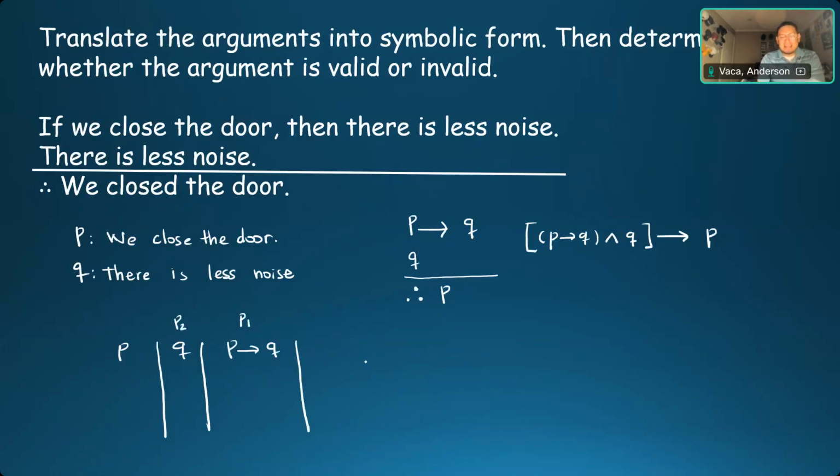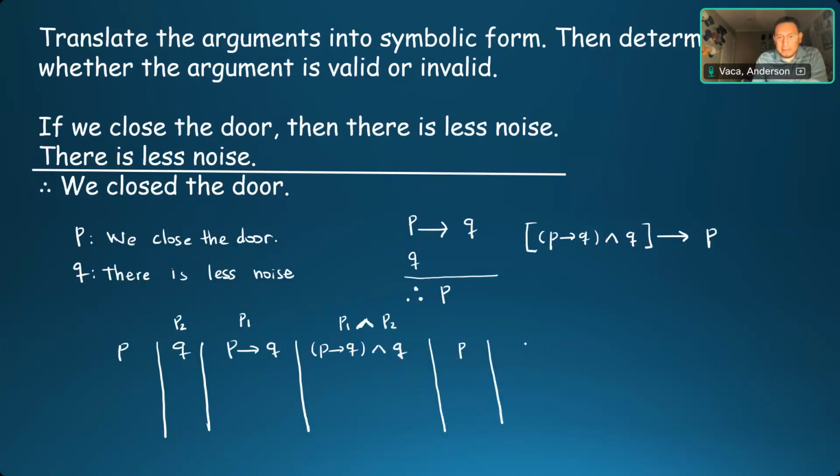But what are we doing in the next column? In the next column, we're going to put together the first premise with the second premise using the connective and. Again, let me show you. Premise 1 connected with premise 2 using the connective and. Leading up to this, I'm going to put P here because that is the conclusion.